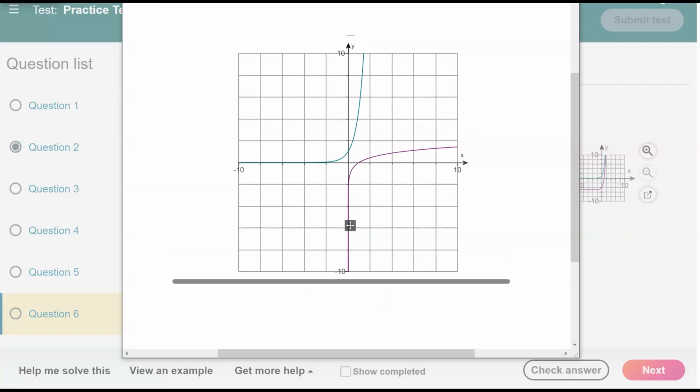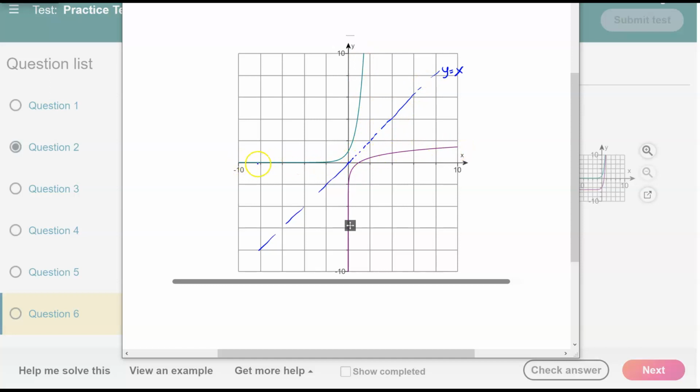All right, so let's trace that. That's the line y equals x. So notice that this part of the curve, when reflected along this line, will actually go here.